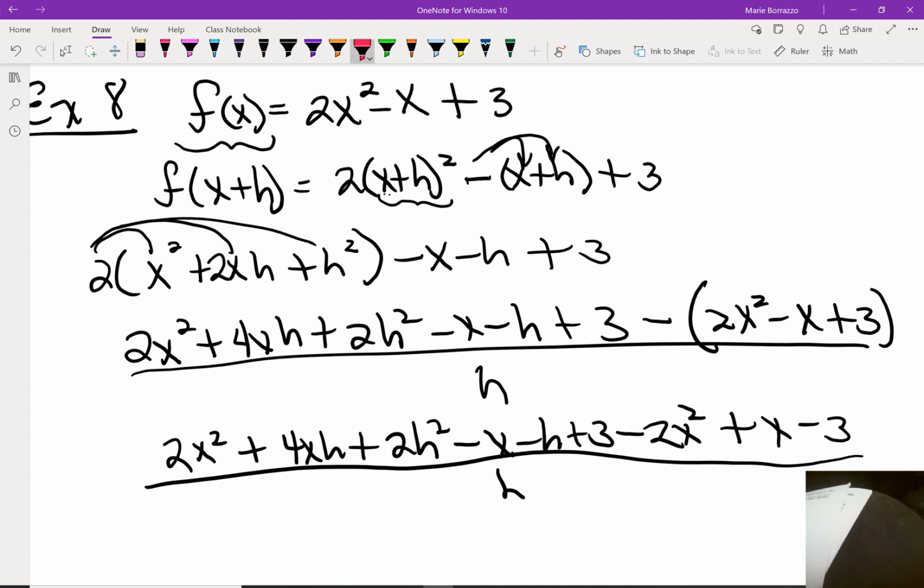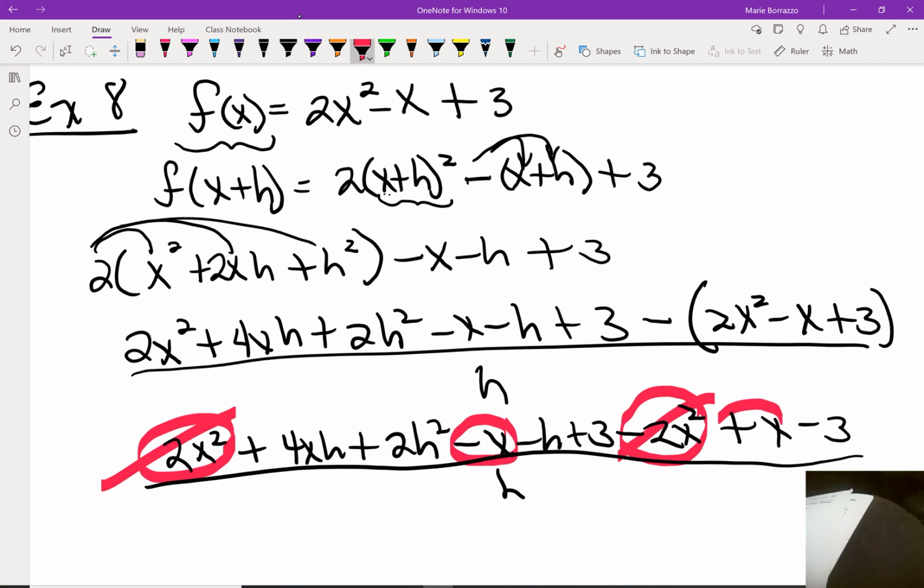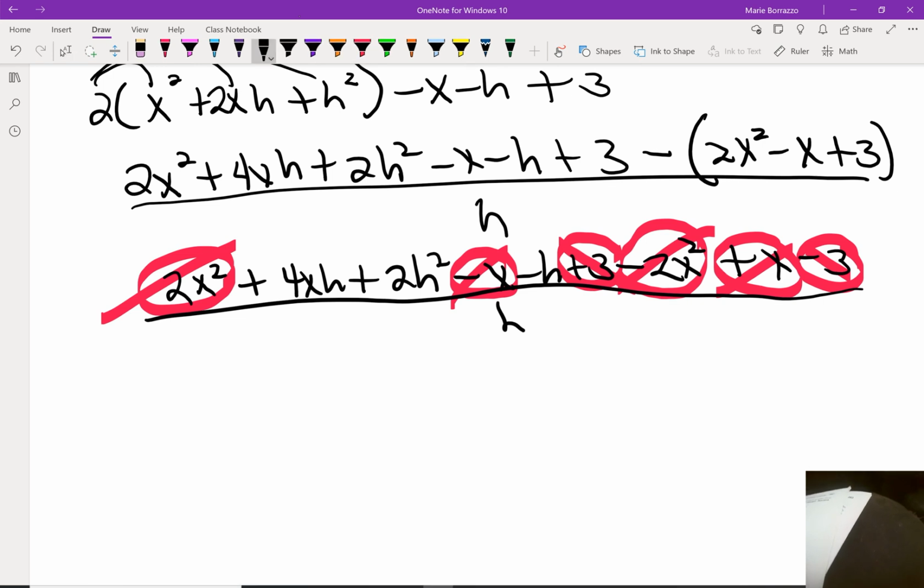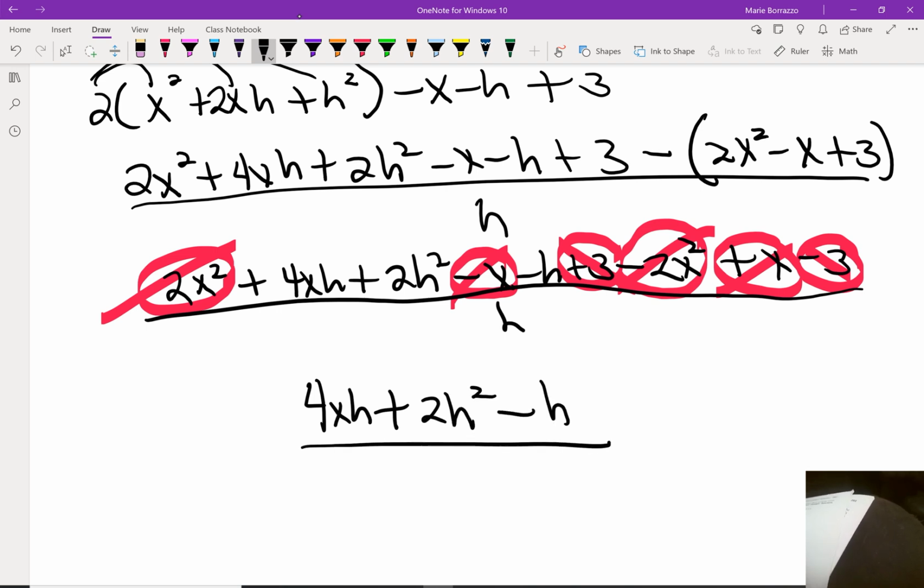Now I want you to notice this cancels with this. Negative x is going to cancel with positive x. Positive 3 cancels with negative 3. That goes away. What you're left with now is simply 4xh plus 2h squared minus h, all of this over h.